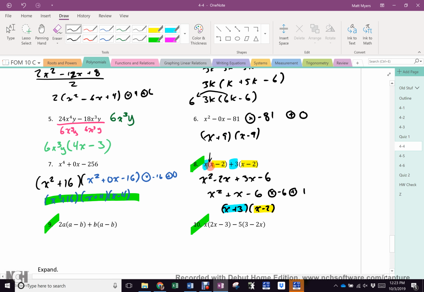Multiplication. What do these brackets do to x minus 2? No. What do brackets do in math? Really, ladies and gentlemen? No. If I just gave you this, what are those brackets doing?